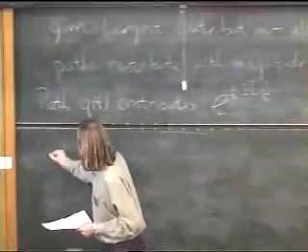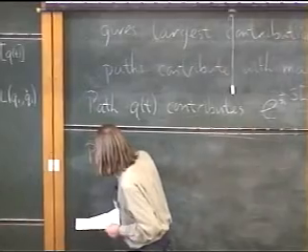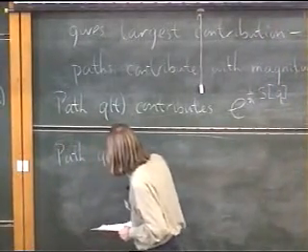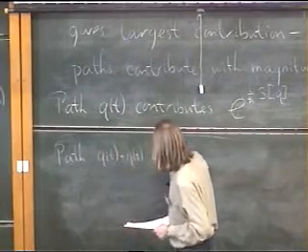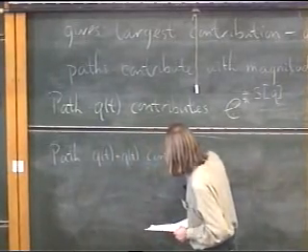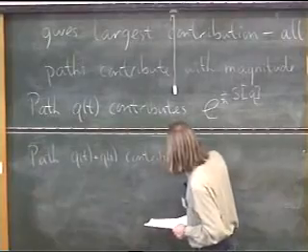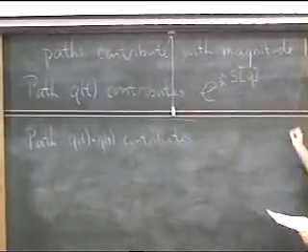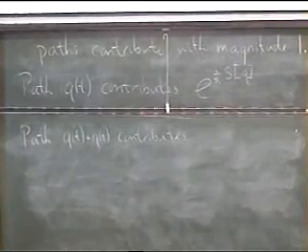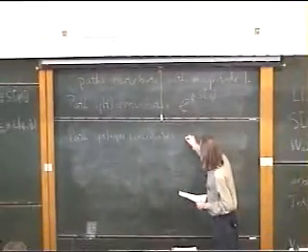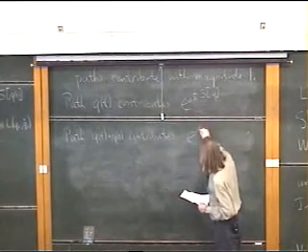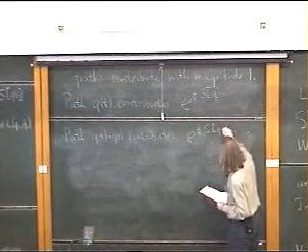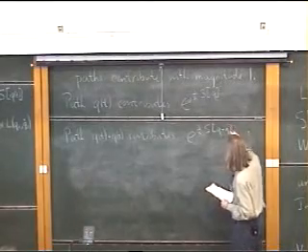Well, it just contributes then to the same form, e to the i over h bar, and the action then evaluated for the path Q plus eta.